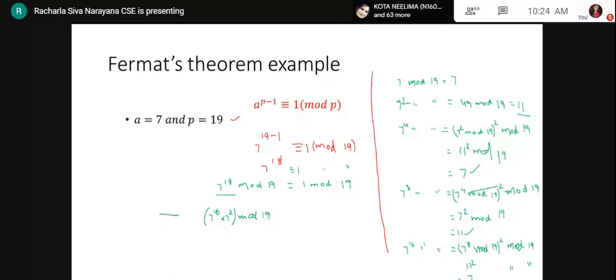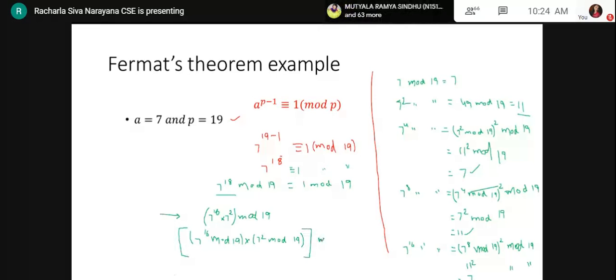By using the modular arithmetic property again, this can be written as 7 power 16 mod 19 into 7 square mod 19, whole mod 19.